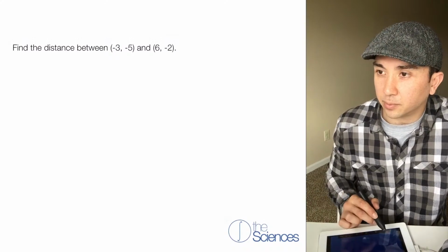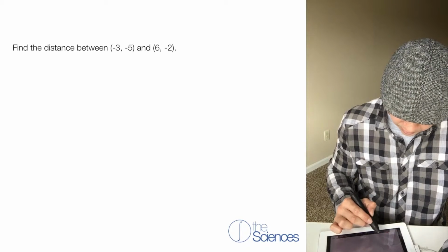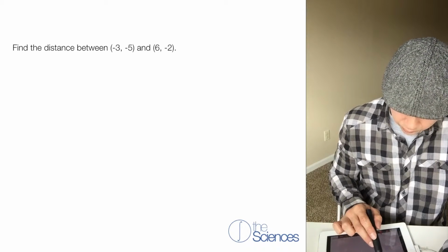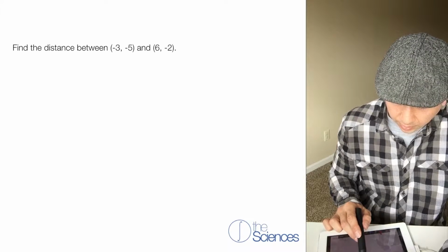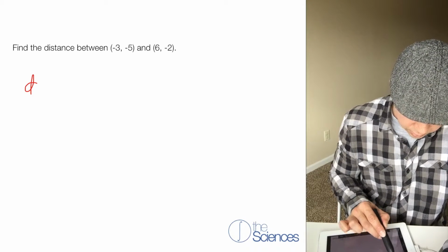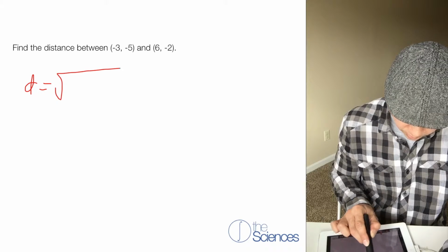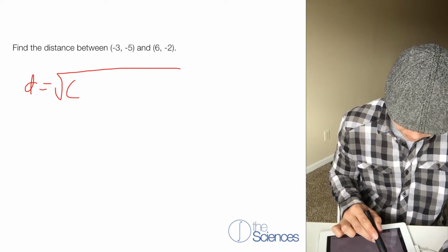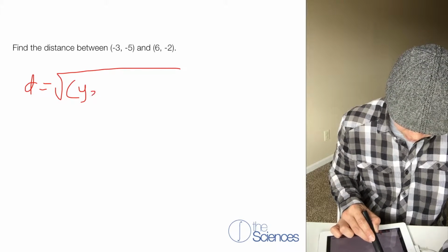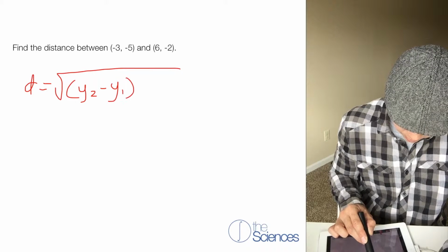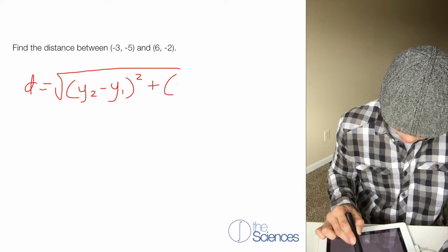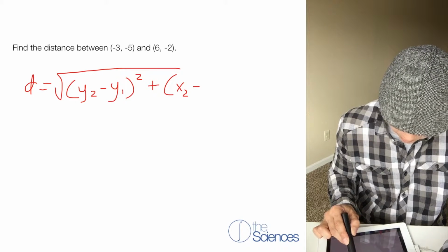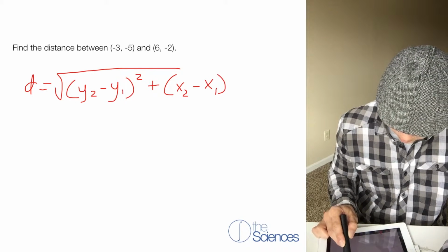So let's do an example. Let's find the distance between (-3, -5) and (6, -2).